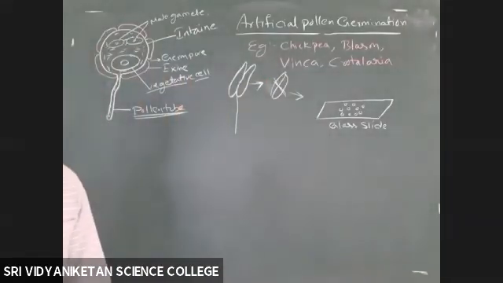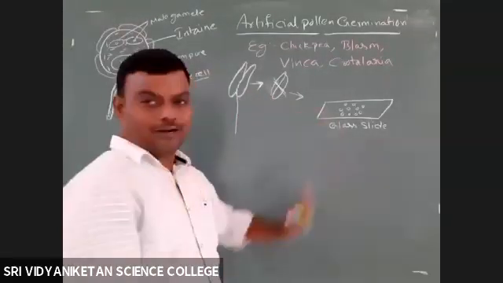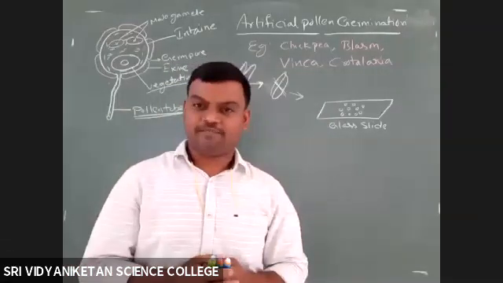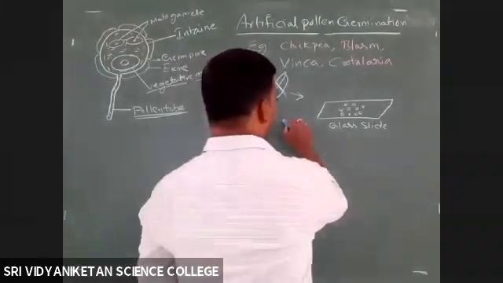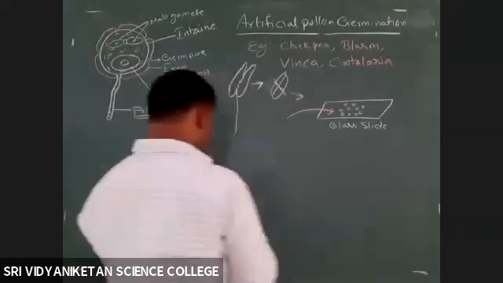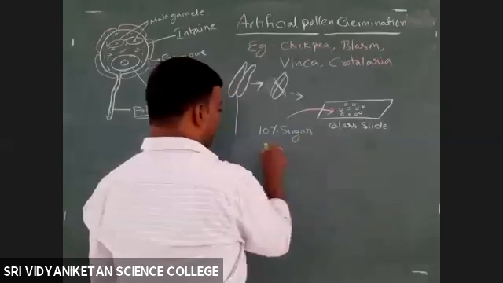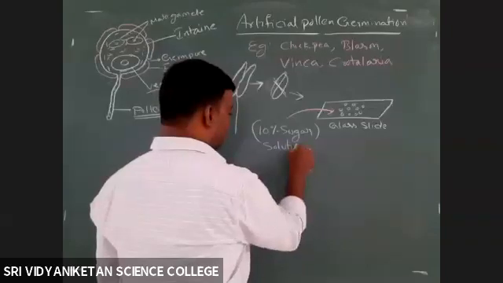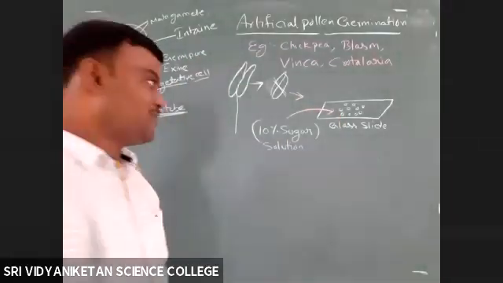Whenever we collect the pollen grains from the anther and transfer them onto a glass slide, these pollen grains need food substances for germination. For this, we drop a few drops of 10% sugar or sucrose solution on the pollen grains present on the glass slide.